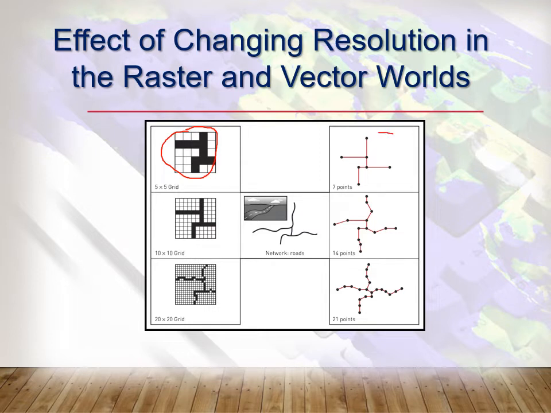We could do the same with vector representations as well. The more vertices, or points, that we have, the more detailed it is. But what's interesting is that vector data don't necessarily lose their look that much when we change scale as much as raster data does.